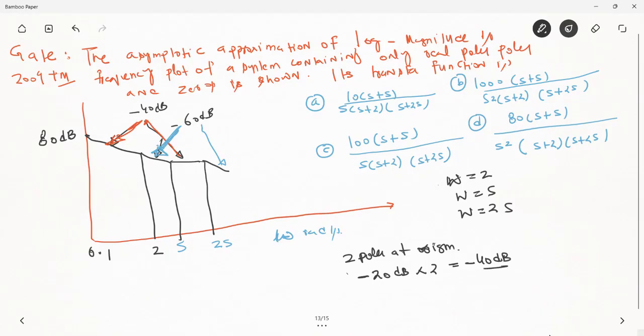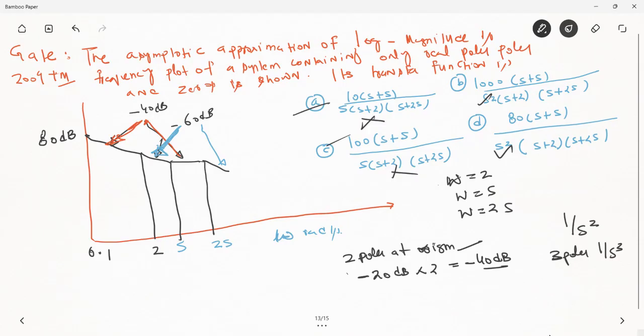Two poles at origin means 1 by s square. Suppose I had three poles at origin, it would have meant 1 by s cube. So one term is clear: the s square term is there, so options A and C are wrong from the initial. We conclude this.